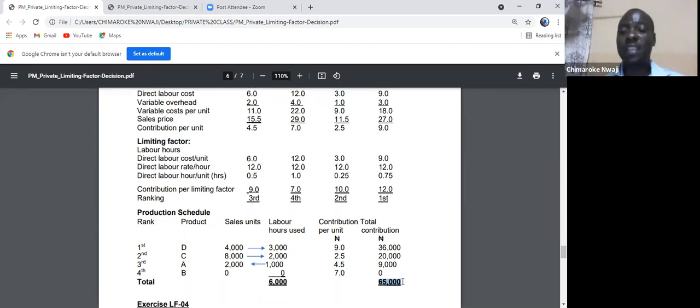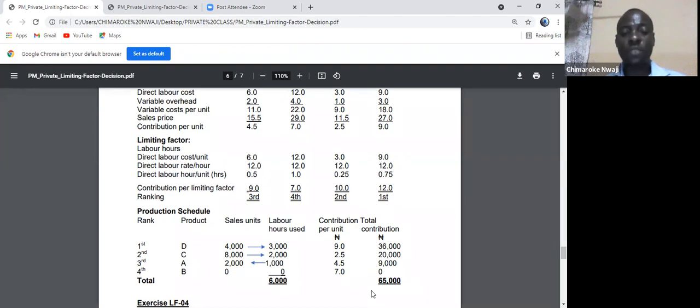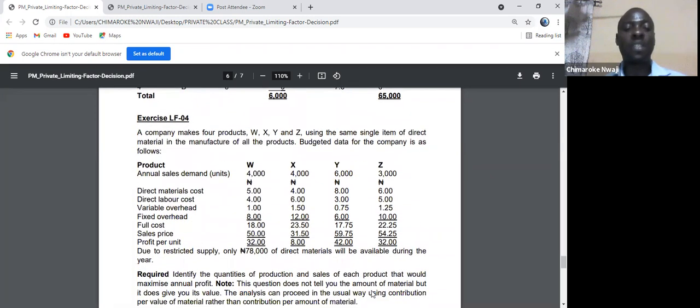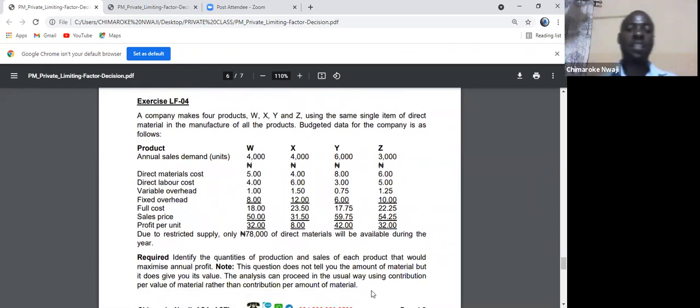So once again, the 6 steps have been brought to play and we have applied them perfectly. Now let's take our last question and see how the 6 steps are brought to play once again. The company makes 4 products, W, X, Y, and Z, using the same single item of direct material.